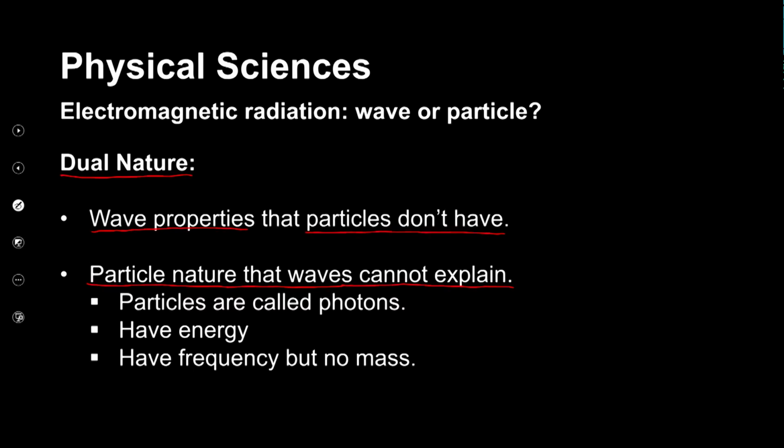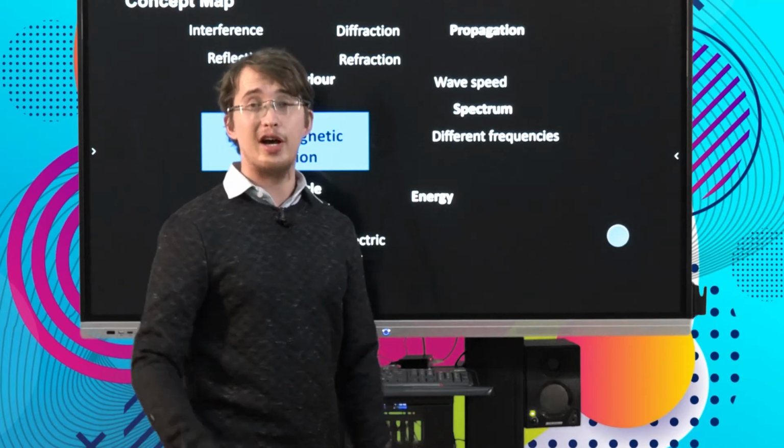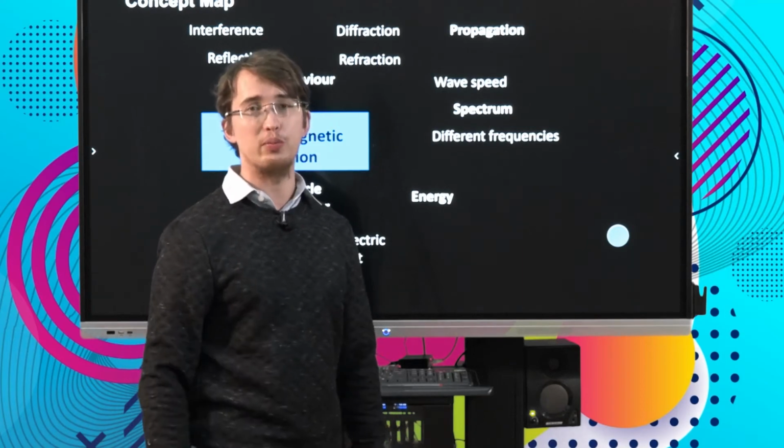To solve this problem, we look at this nature in two separate ways. We look at all wave properties as waves and all particle properties as particles. The particles associated with electromagnetic radiation are called photons. They are little packets of energy, and they are said to have a frequency but no mass. That's enough for now, so I'll see you after a short break.